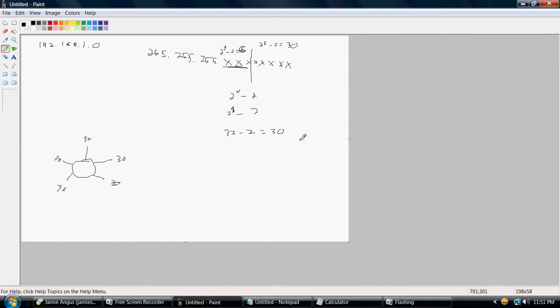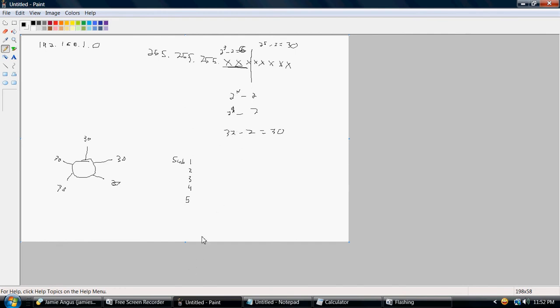So I'll start out and I'll write subnet 1, 2, 3, 4, and 5. And we're going to do this in increments of 32. So the IP address and the host and all that.